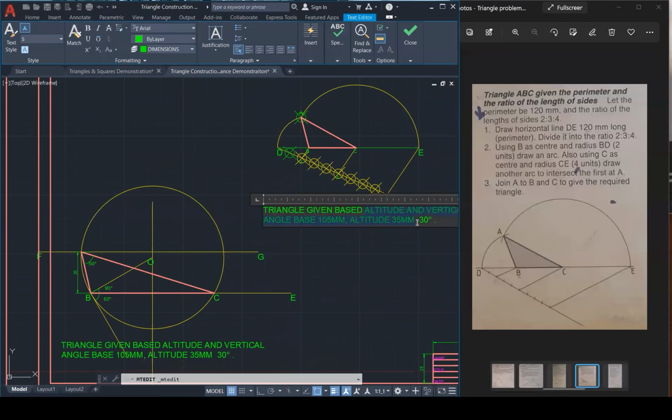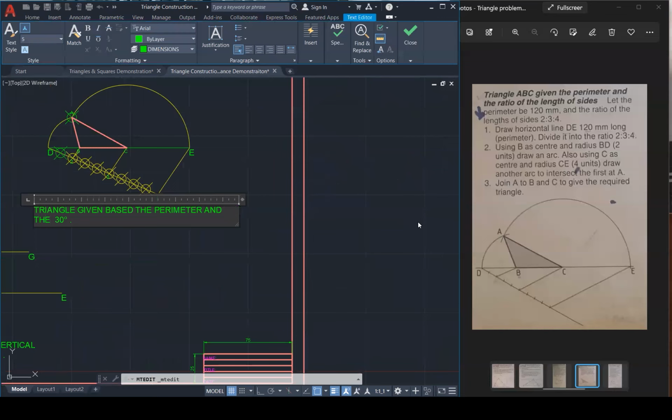Given the perimeter and the ratio of the length of sides, right? So what was the perimeter of sides? 120 mil perimeter and 2 to 3 to 4.